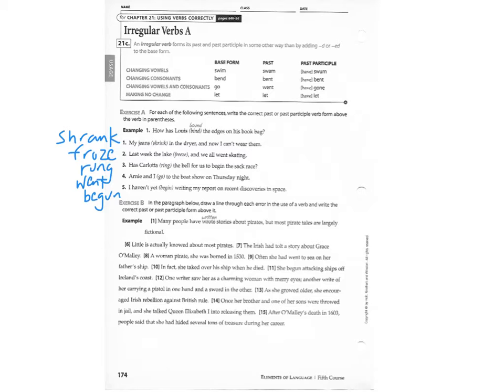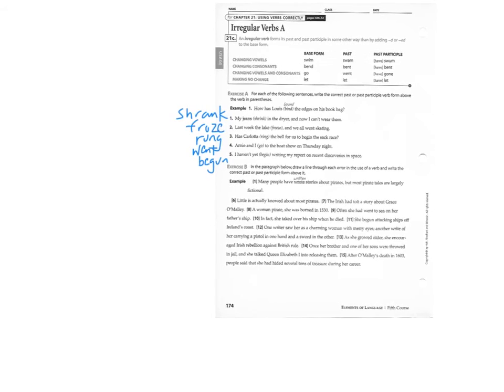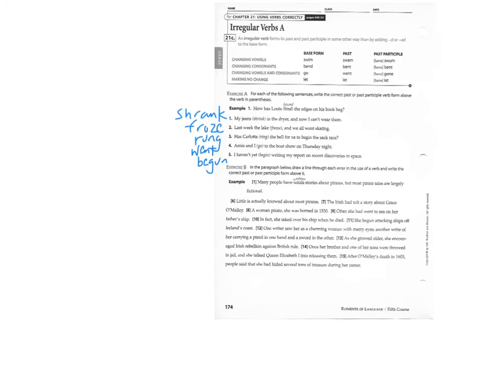Okay. And then we have 6 through 10 here for the paragraph. So why don't I just number these out here? Okay. So the problem verb in 6 is knowed. So it's actually going to be known. Okay, for 7, it's going to be told.